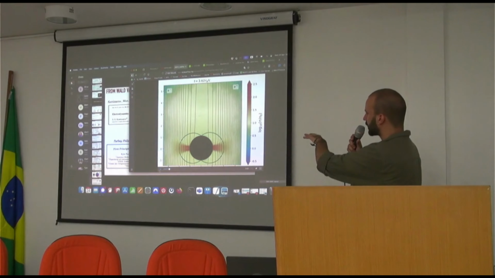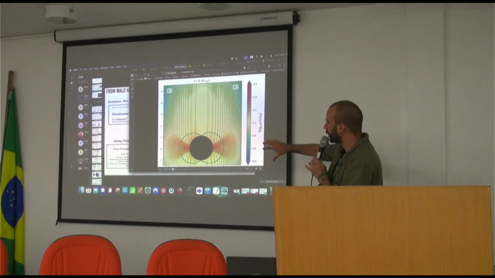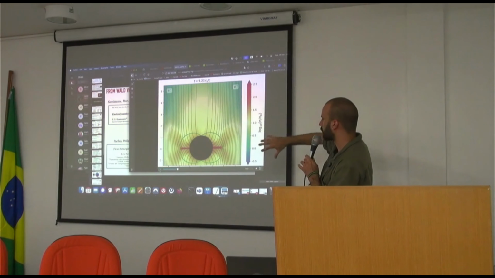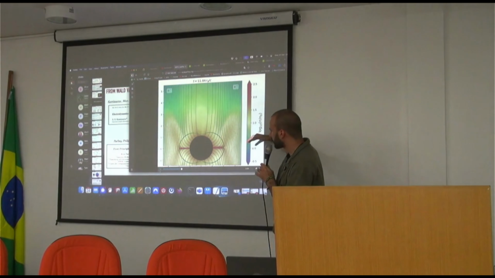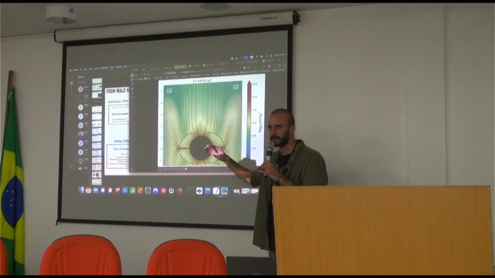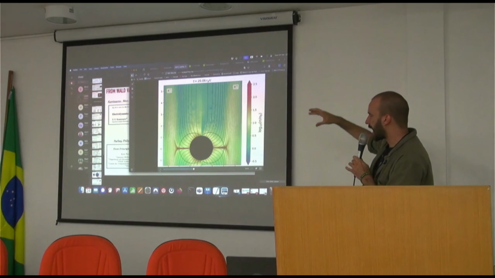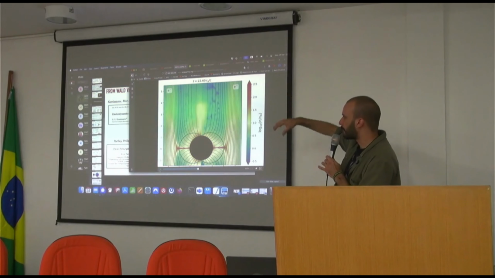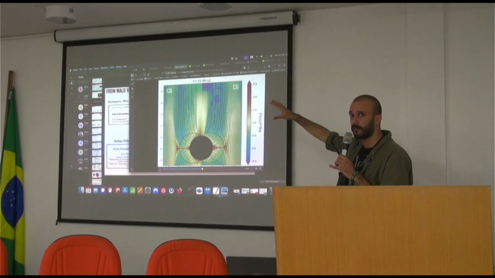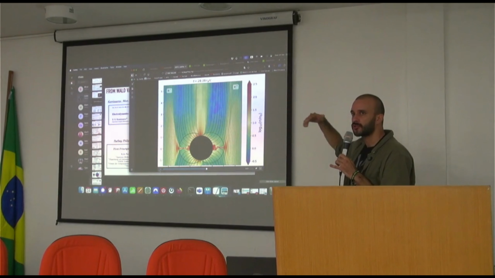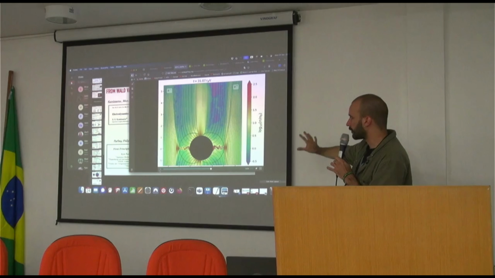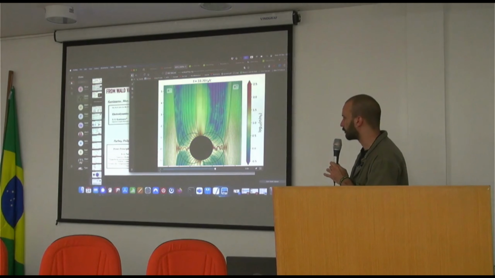And what happened is that as soon as the particles fill the region close to the black hole, the magnetic field lines start to penetrate inside the event horizon. The black hole Meissner effect is stopped, and we have charged particle production with electrons and positrons filling the entire region outside the black hole.